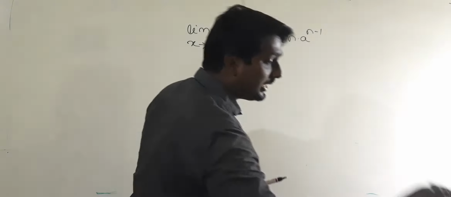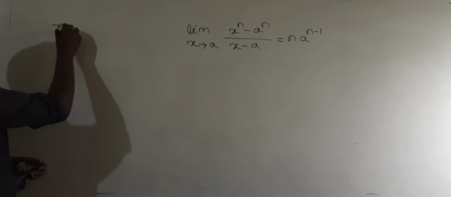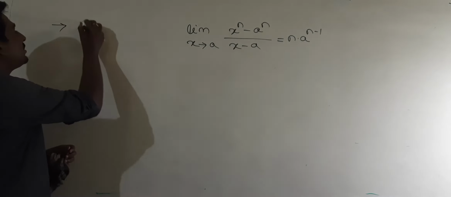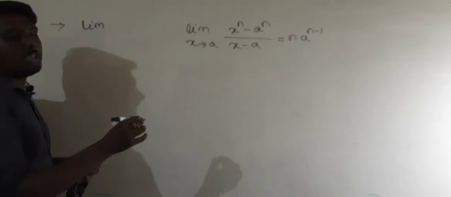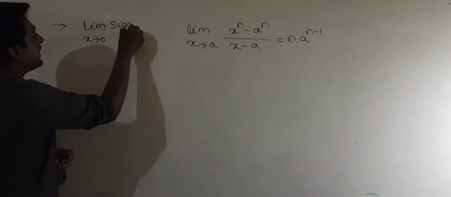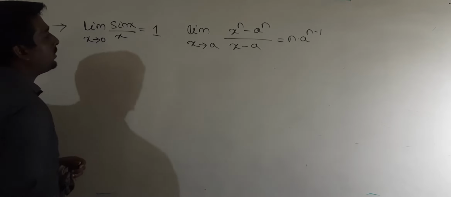and the trigonometric limits are fixed for us, and I am writing down those trigonometric limits for you at first. The first trigonometric limit that we will be using is limit x tends to 0 sin x divided by x, which has a value of 1.